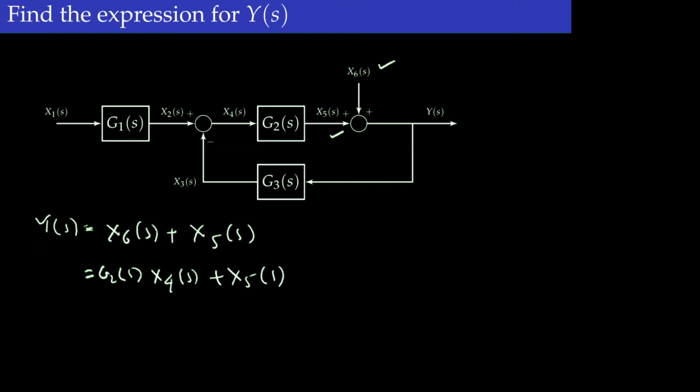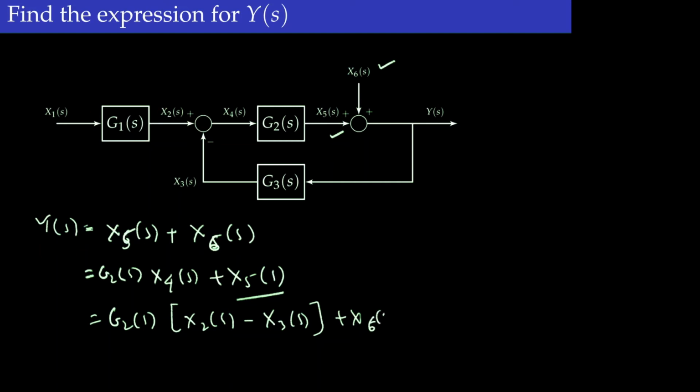Now x4s is nothing but x2 minus x3. So we'll write g2s times x2s minus x3s plus x6s remains there. Now we see that x2s and x3s together produces x4. Now x2s is also g1 x1s.